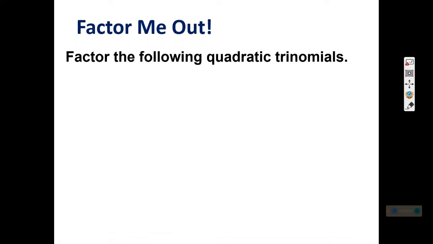So, let's try. You are going to factor x squared minus 7x plus 12. Just like on the previous slide, you are going to have negative binomial factors. So, we have here x minus blank and x minus blank.